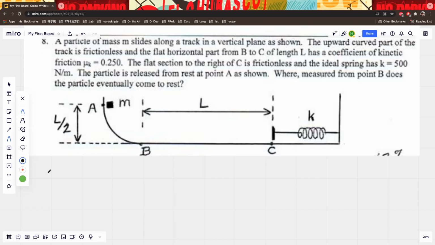Sure, yeah. So from A to B, we have delta E equals delta K plus delta UG.